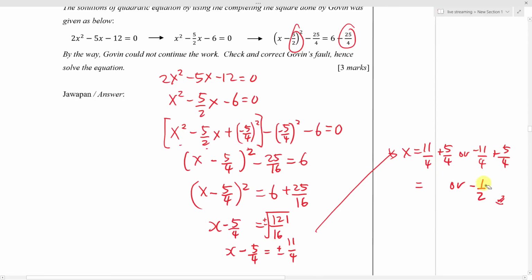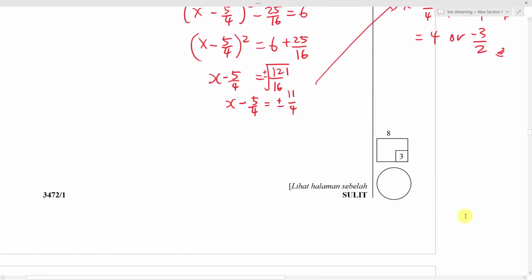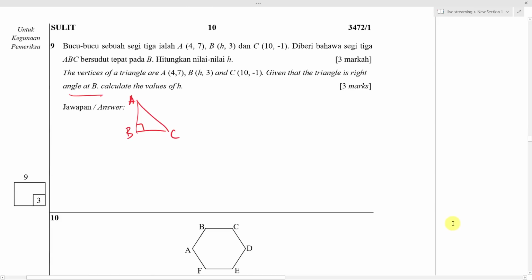So, 16 over 4 is 4. This one is negative 6 over 4, negative 3 over 2. Thanks for telling me this, or else I will continue to make the same mistake again. I was too confident and didn't want to use a calculator. So in the exam, don't learn from me, always use a calculator.